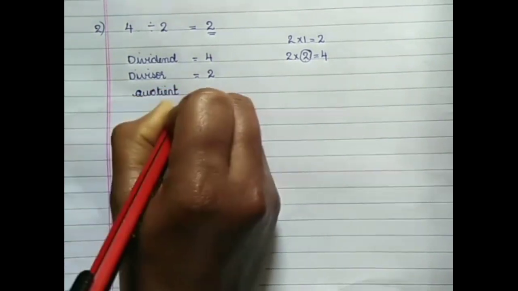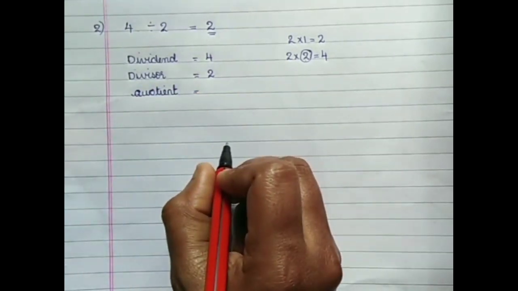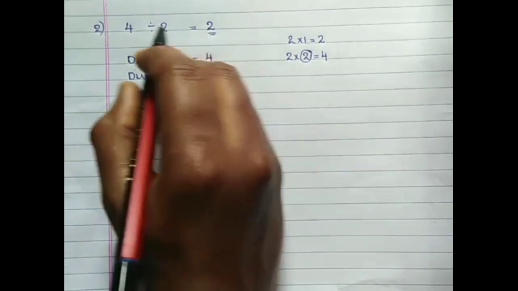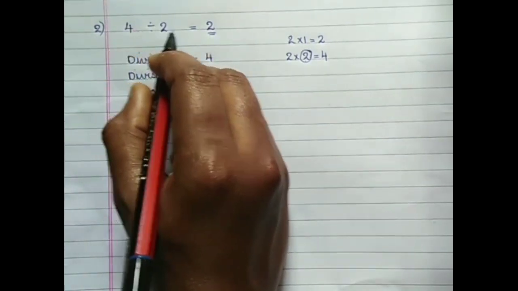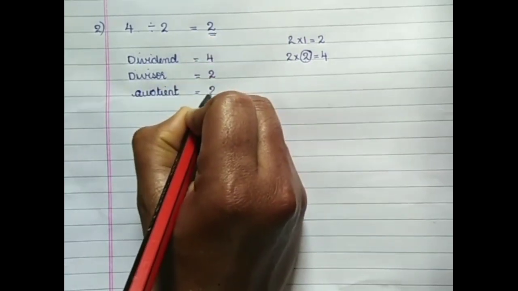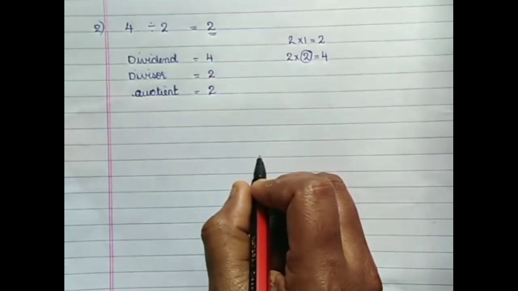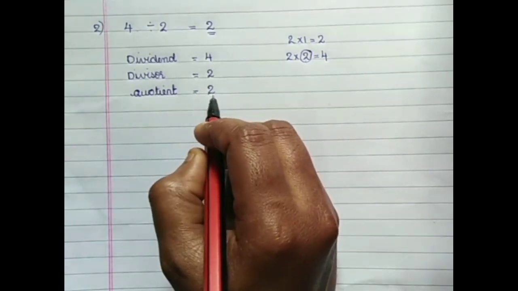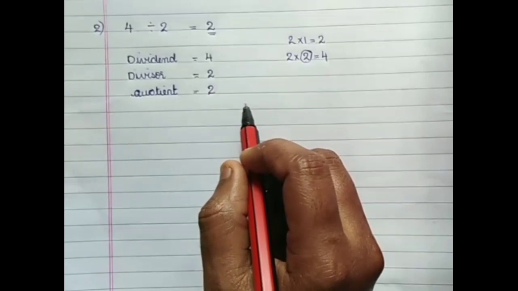Q-U-O-T-I-E-N-T. Which is the quotient here? Yes, the answer we got is called quotient. When we divide the number 4 with 2, we get the answer 2 and the 2 is called quotient. So, write 2. Dividend is 4, divisor is 2 and quotient is also 2.